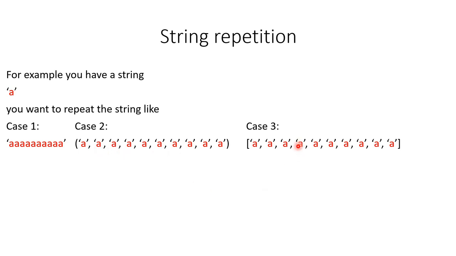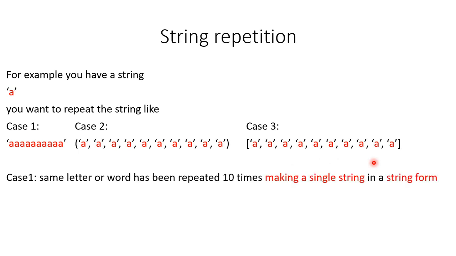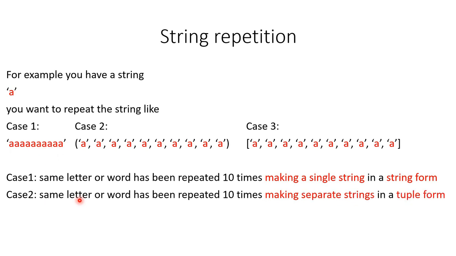And in the third case, instead of a tuple, you want a list in which you want that string to be repeated 10 times. So in case 1, the same letter or the same word has been repeated 10 times, making a single string in a string form. You can see this is a string form and it is a single string. While in case 2, the same letter or the same word has been repeated 10 times, making separate strings.